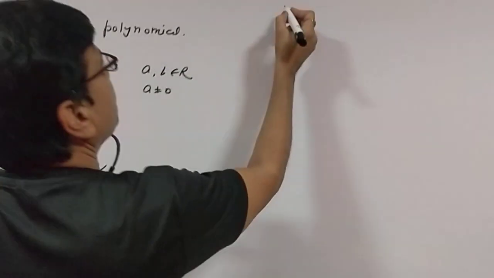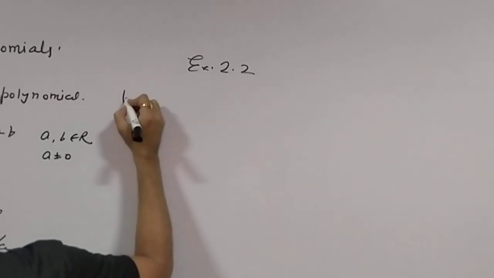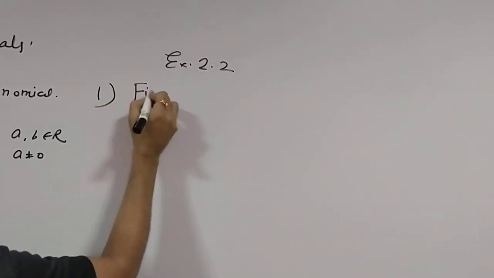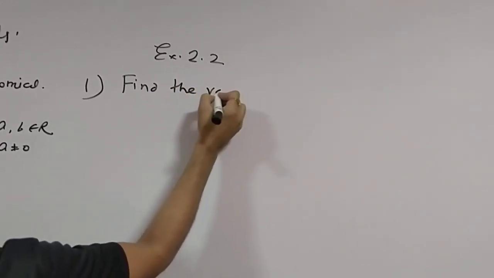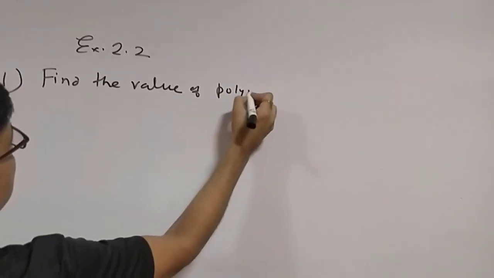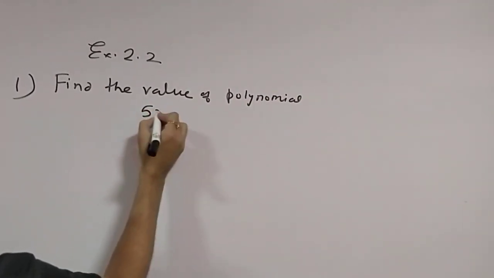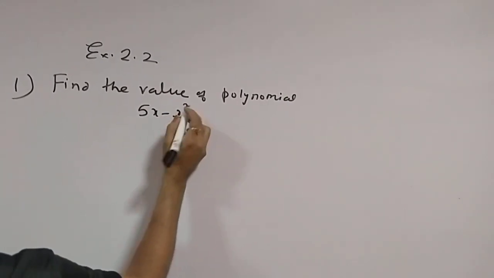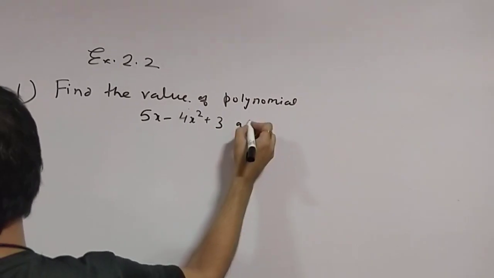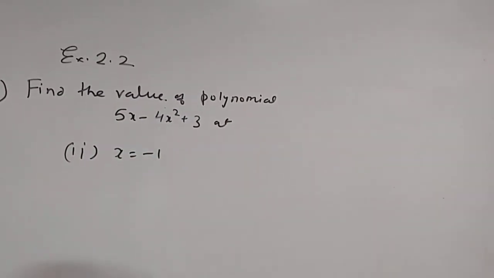Exercise 2.2. First, find the value of the polynomial 5x minus 4x square plus 3. Second, x is equal to minus 1.